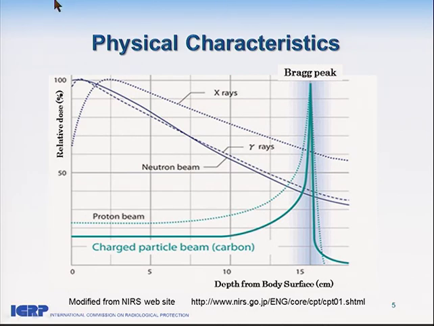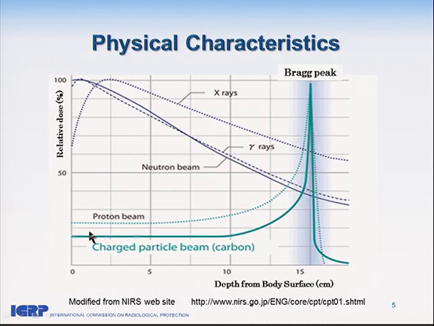Let me explain the physical characteristics of ion beams. Generally, with X-rays, gamma rays or neutron beams, the highest dose is given at the surface of the body or close to the surface, then declines gradually, usually in an exponential curve.